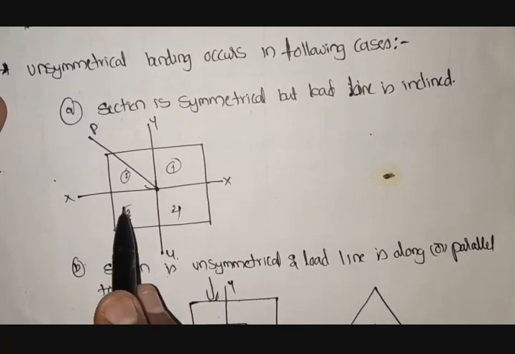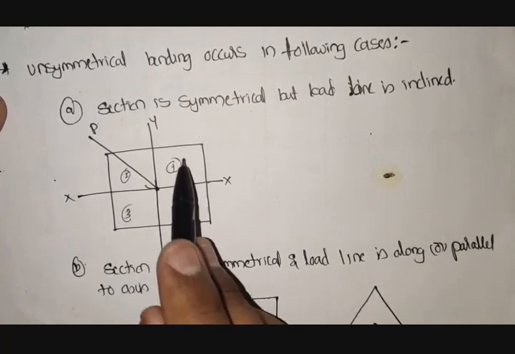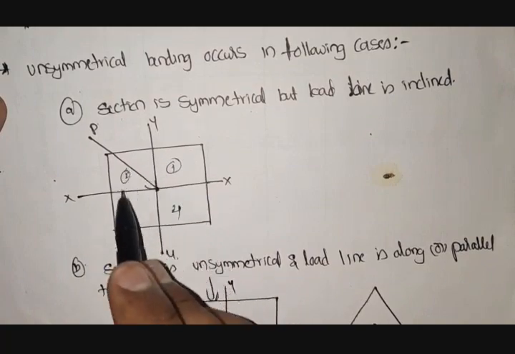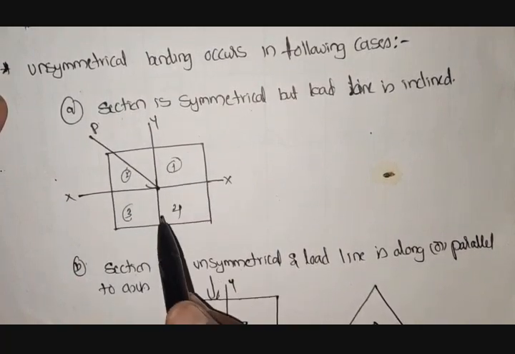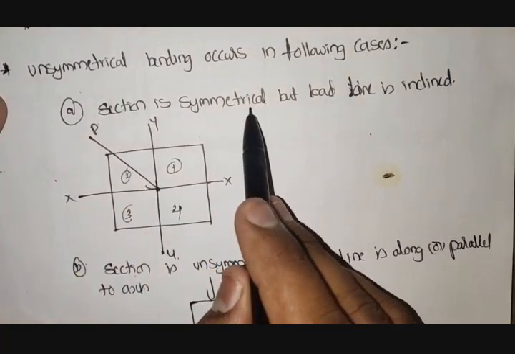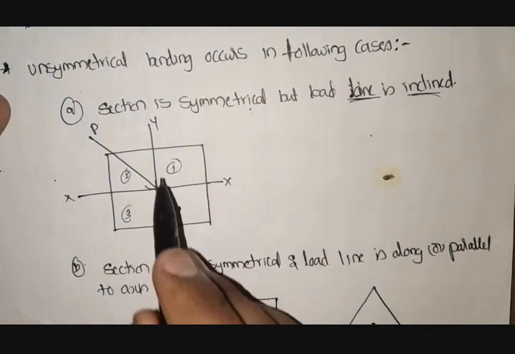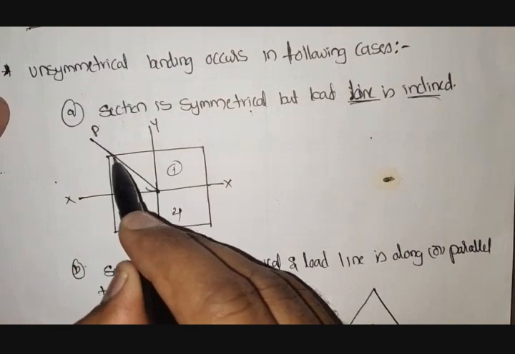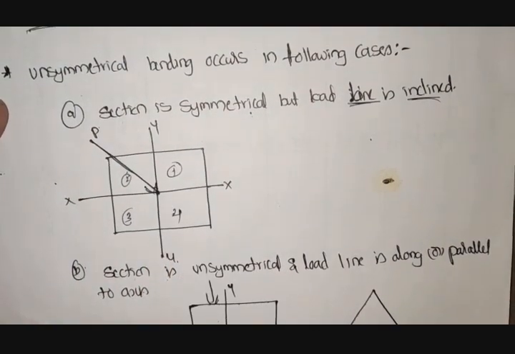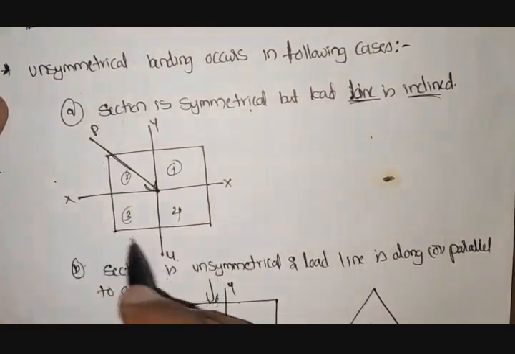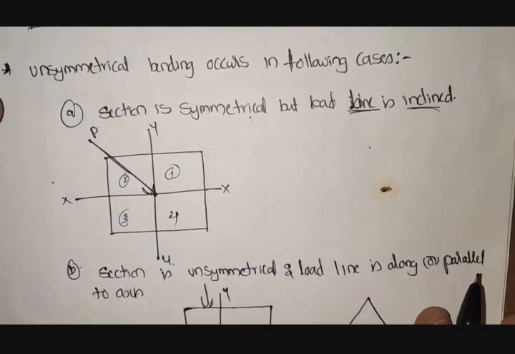Each part is going to have the same dimensions. This is a symmetrical section. So the section is symmetrical but the load line is inclined. When the load is applied at an angle or inclined, the section will be considered as unsymmetrical bending.